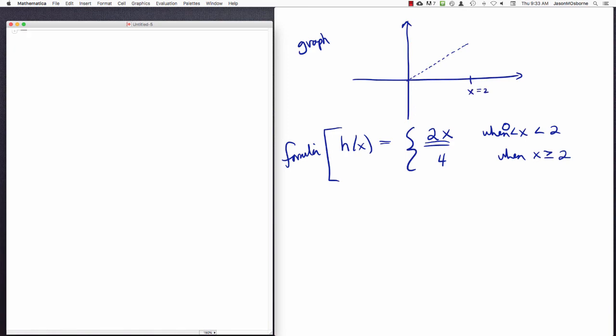So from 0 to 2, notice that I didn't put equal signs here, so we have open circles. And then when x gets to be bigger than or equal to 2, we have the straight line that is equal to 4.